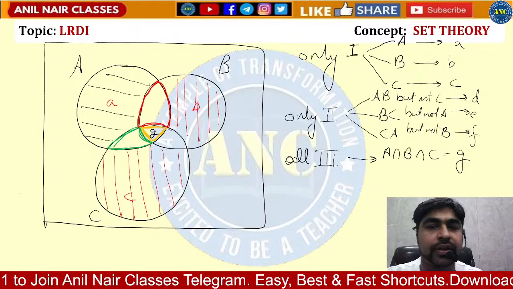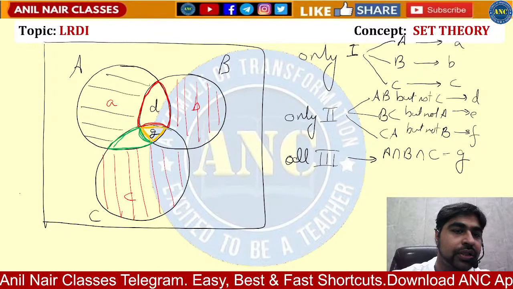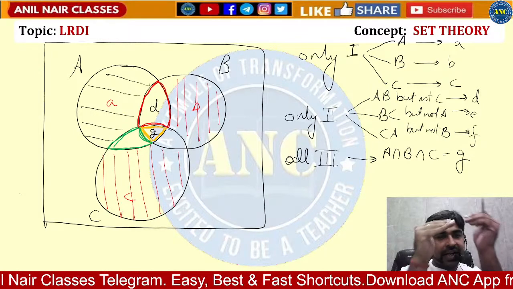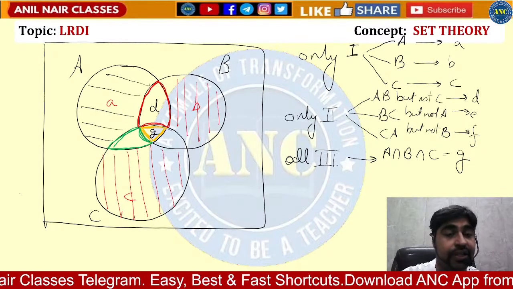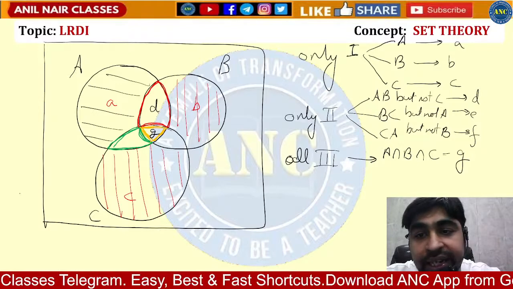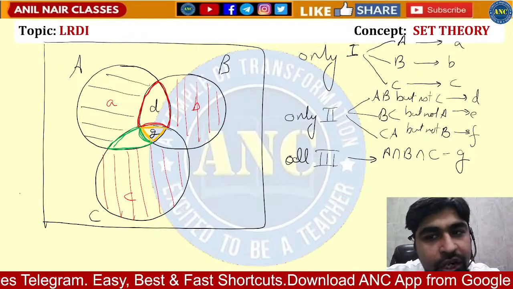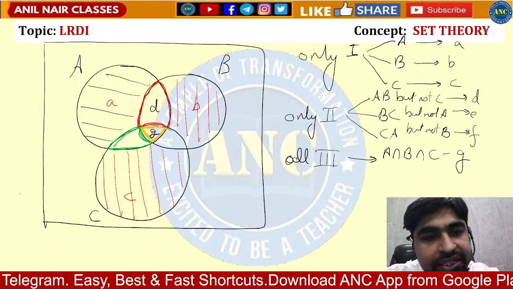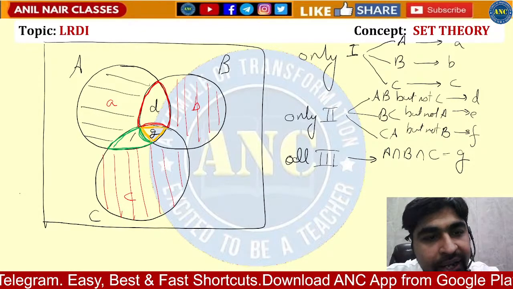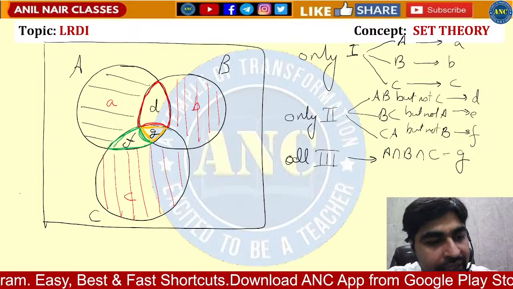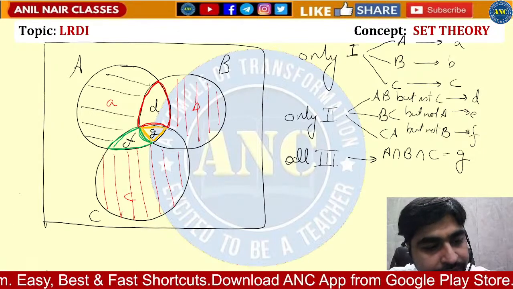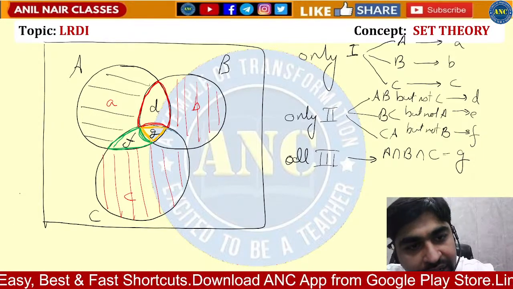A and B but not C is denoted by this red portion, D, which has nothing to do with C. The next portion is A and C but not B, denoted by F, which is the green portion.